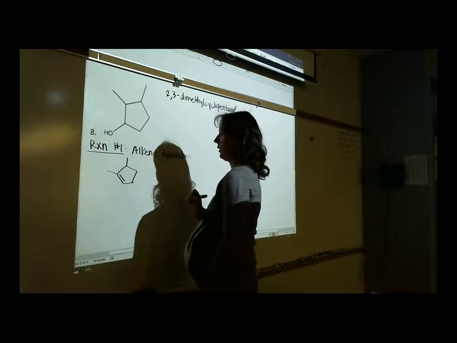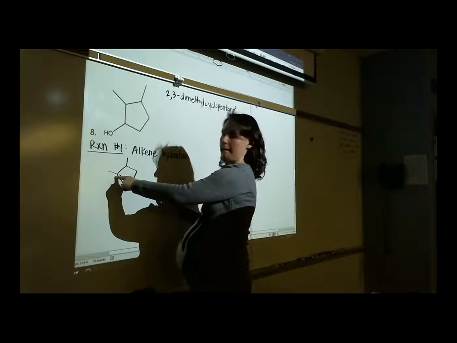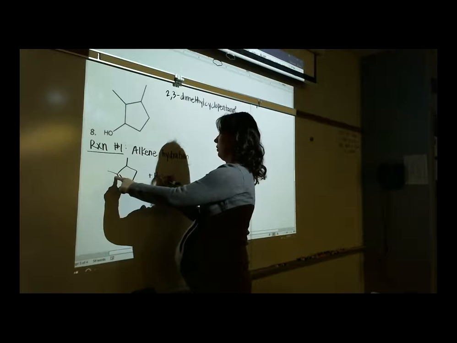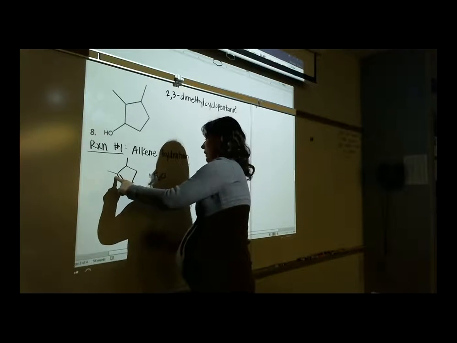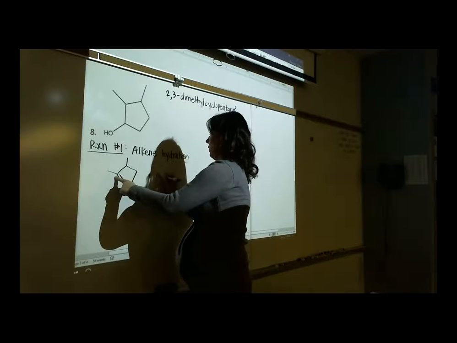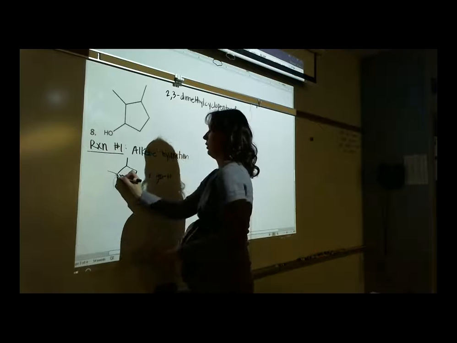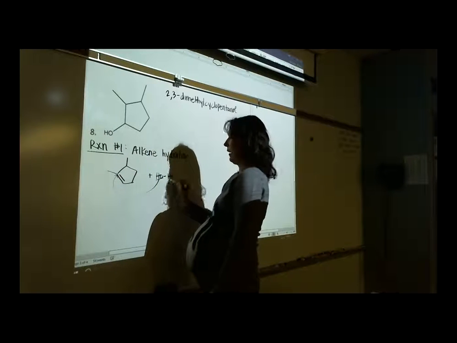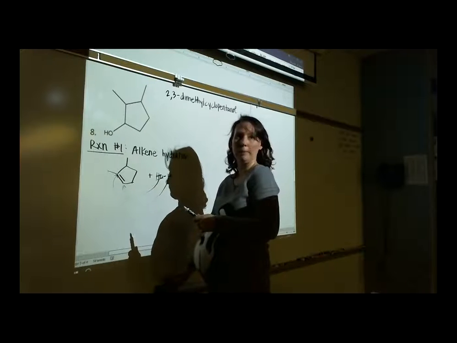All right, so when we get our Markovnikov's rule kicking in, wouldn't that put the OH right here? When you react this with H2O, Markovnikov's rule is going to say, let me rewrite that. Markovnikov's rule is going to say this is going to go here because the hydrogen's going to go here. Is that the product that we're looking for?